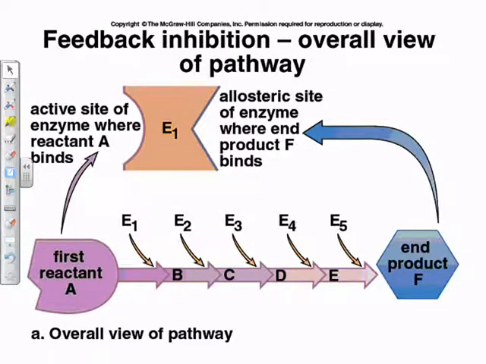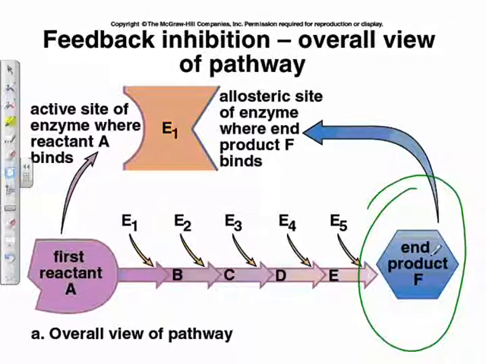This is a metabolic pathway right here, this picture. We've got our first reactant. What do you think E1 means? The first enzyme. That first enzyme will grab onto that first reactant, and notice it's turning substrate A into something else, B. And then enzyme 2 will take B and work on it, turn it into C. Enzyme 3 will take C, turn it into D, and so on until we get, at the end, what we're actually trying to make.